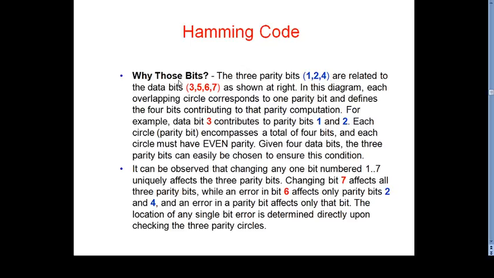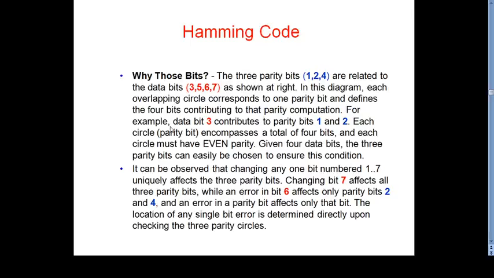Why those bits? The 3 parity bits at positions 1, 2, 4 are related to the data bits at positions 3, 5, 6, 7 as shown on the right. In this diagram, each overlapping circle corresponds to one parity bit and defines the 4 bits contributing to the parity computation.